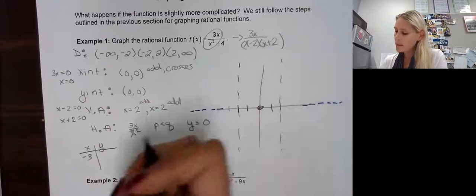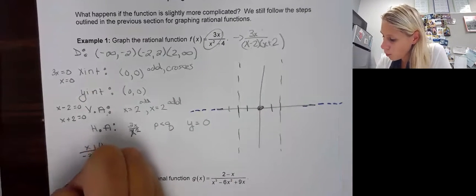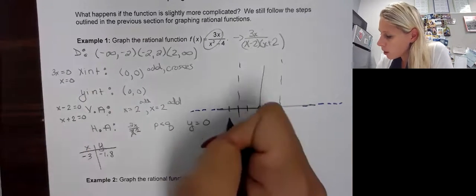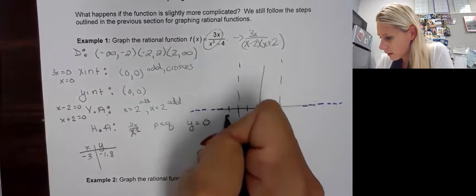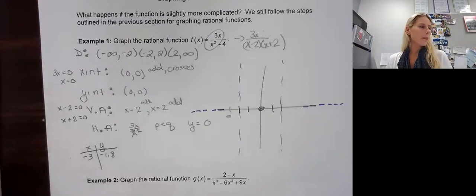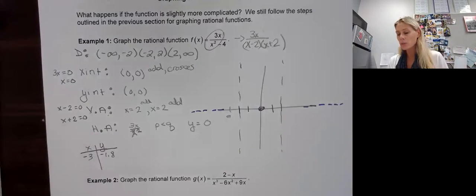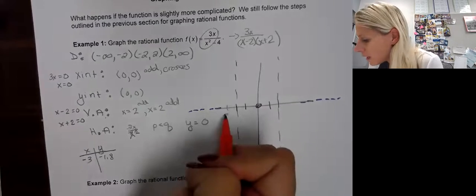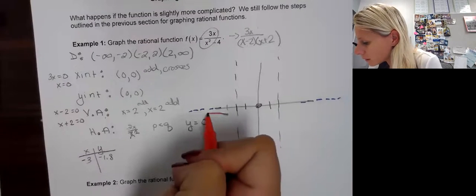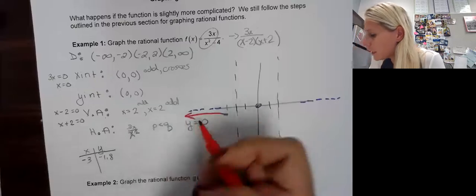When you do that, you get -1.8. So I know that it's down here. Okay. Then what I also know is, because what do graphs do with vertical asymptotes and horizontal asymptotes? They get really close.